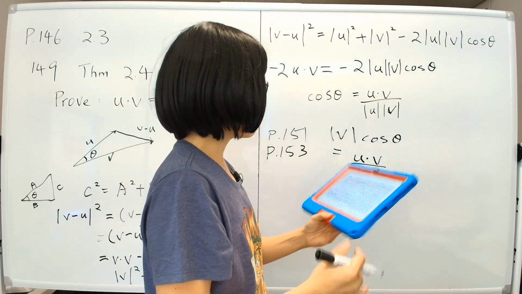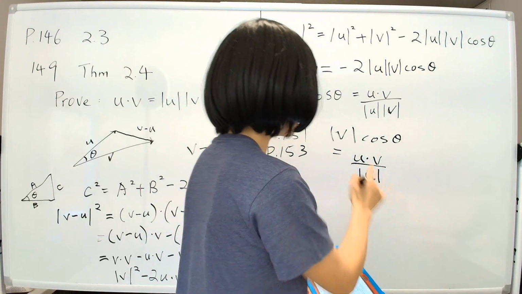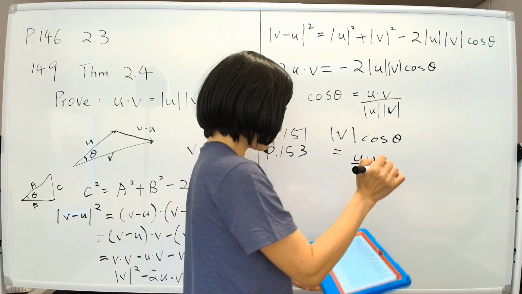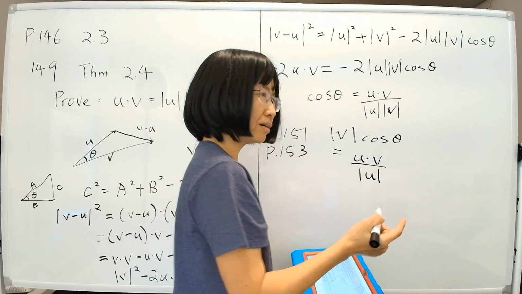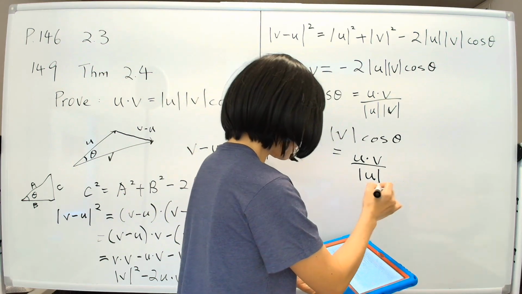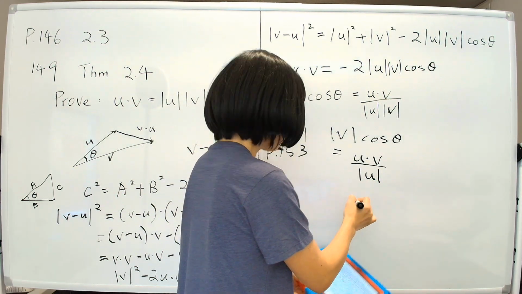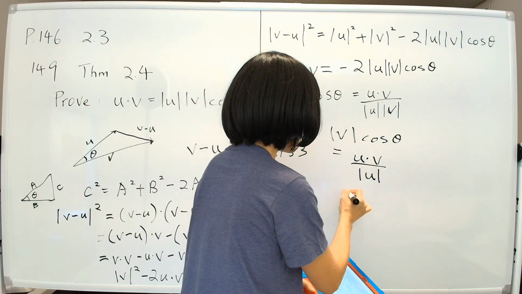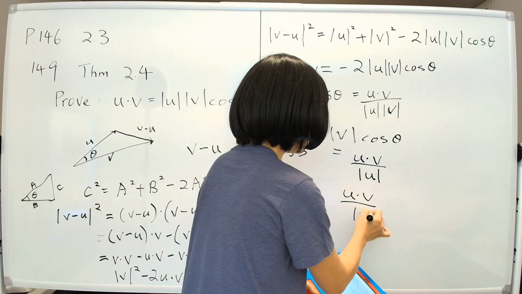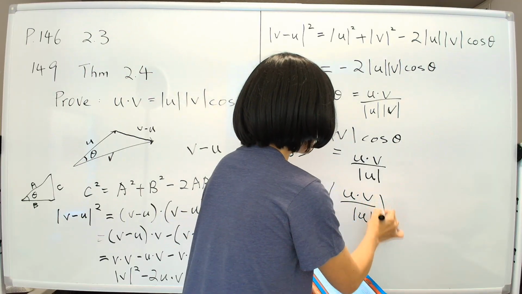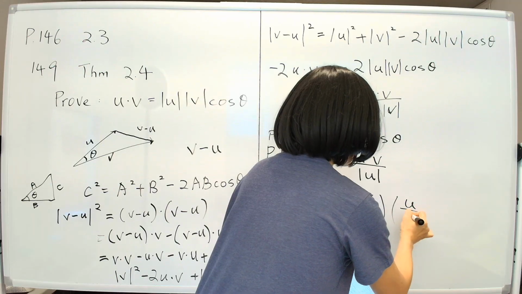Now if we also need to know its direction, then we can multiply this value by the direction of u, the unit vector. My point is you find the unit vector in the direction of u, which is u divided by its magnitude. This value is just the length of your projection, and you multiply it by the vector u divided by its magnitude.